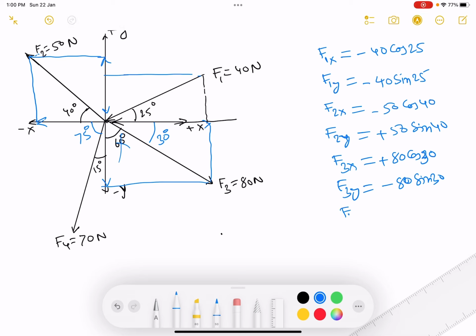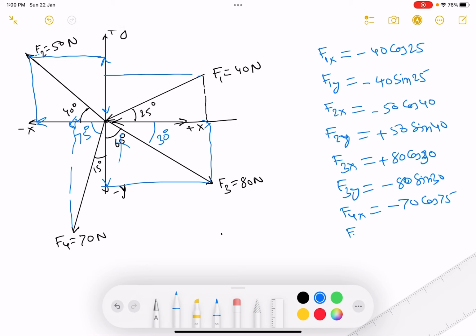So we'll write F4x as, what is the magnitude? It is 70 cos of 75. And please note, when you resolve it like this, it's going to be towards left. It's towards left, right? So it will be minus.